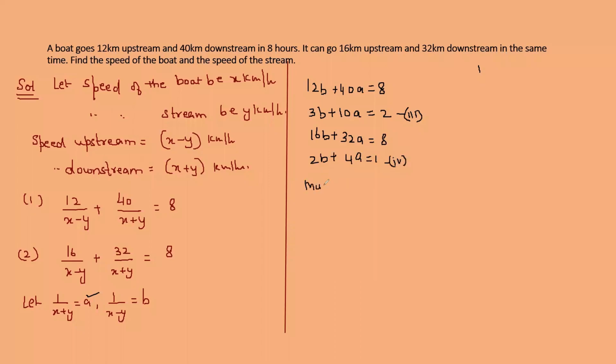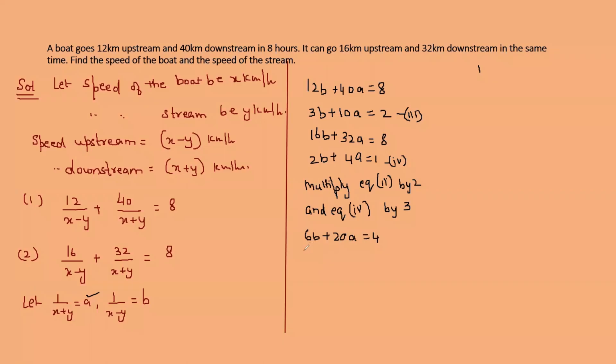So I multiply equation 3 by 2 and equation 4 by 3. This is because we have to simplify this. If you are clear with this, then it's okay. Otherwise, you can go through my video on substitution and elimination method to solve the equations. Okay. So equation 3 multiplied by 2 becomes 6b plus 20a equals 4.